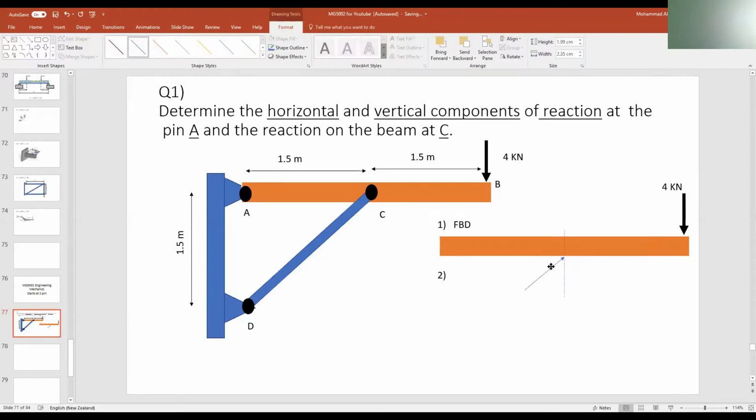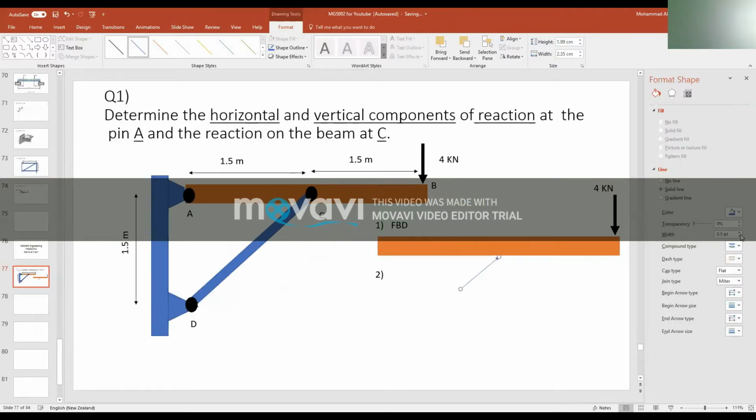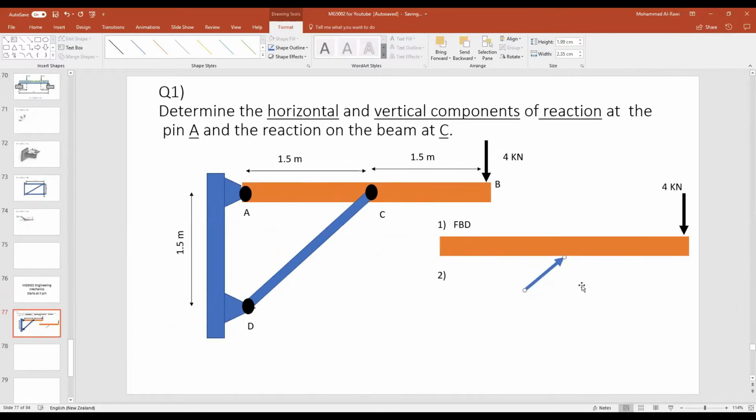To be more precise, it should be in the center, because remember, this is 1.5 and 1.5 meters. This is another thing about using PowerPoint that will help you in the future: how you can improve and make as much use of it. This force, let's call it FC.